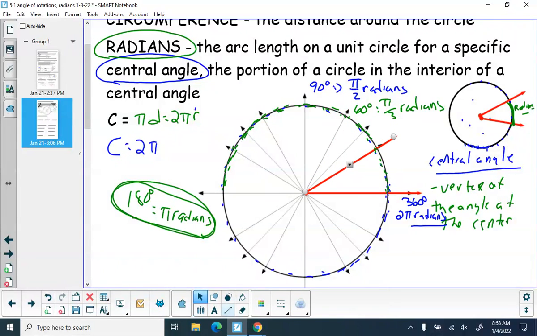If we only rotated this 30 degrees, 30 degrees would be how many radians? 1/6 of pi. There you go. So we have pi over 6 radians.